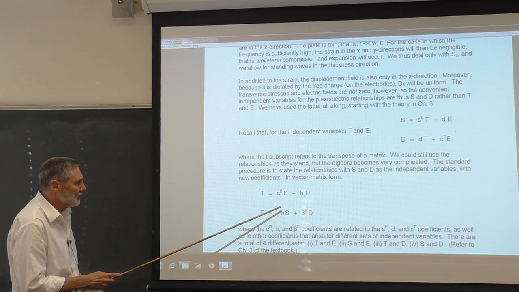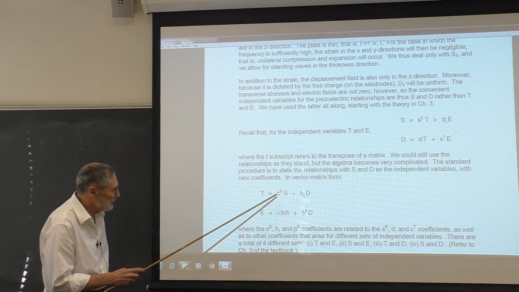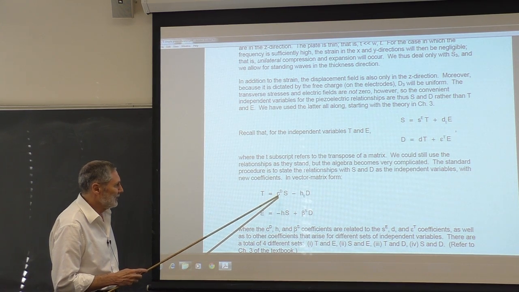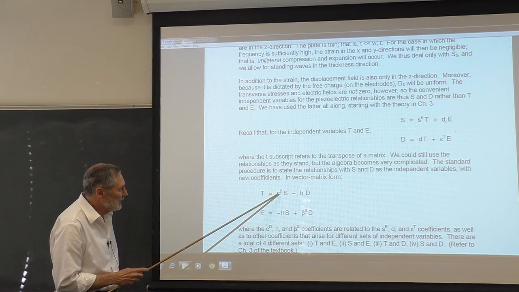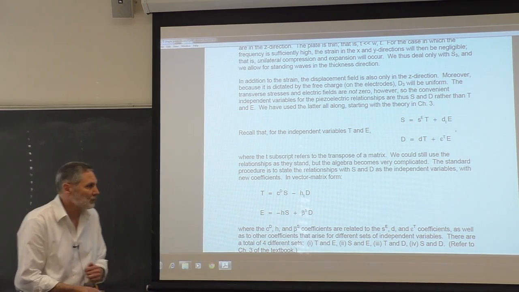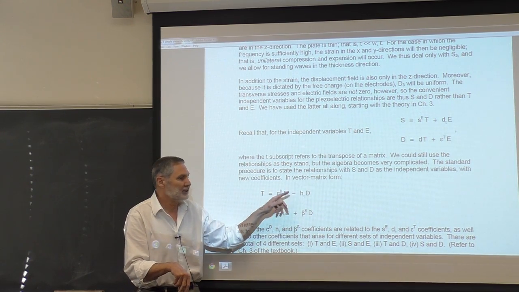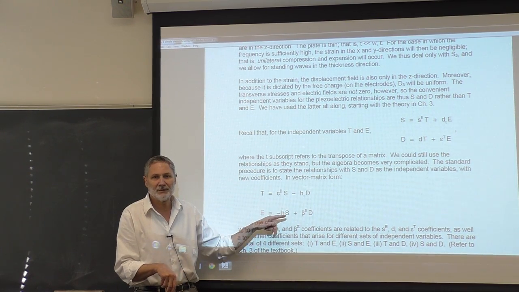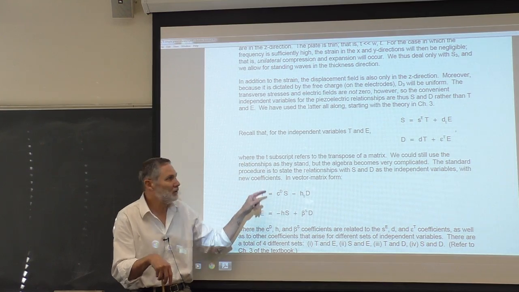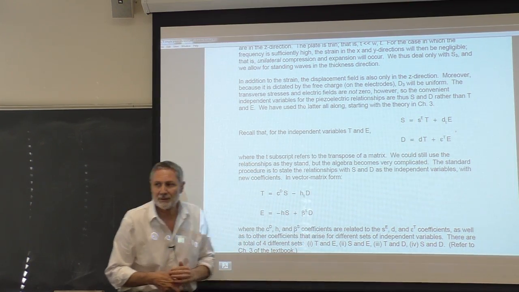You could, if you wanted to, find c^D as a function of these other quantities somewhere in the literature, maybe on the internet. But we're just going to stick with this. In fact, this is so popular that people have tabulated values of these for different materials, so you don't have to compute them in terms of these other values.